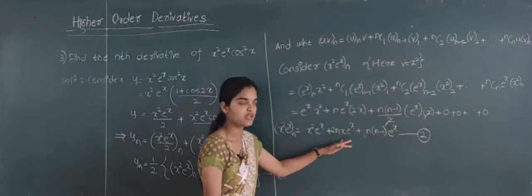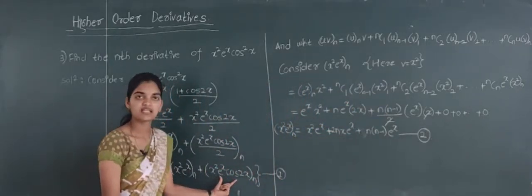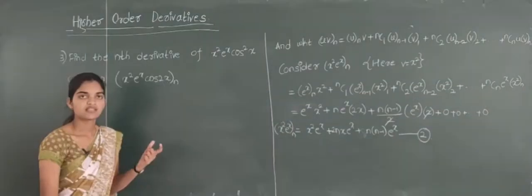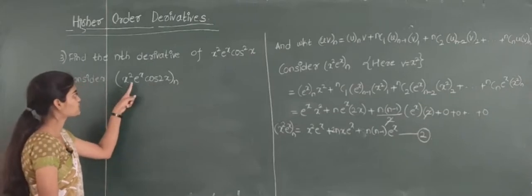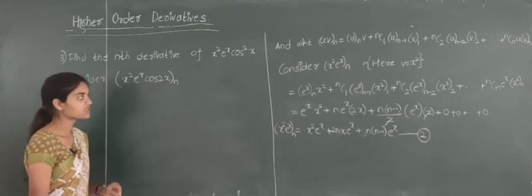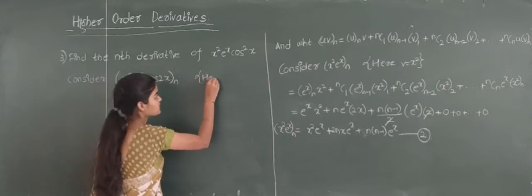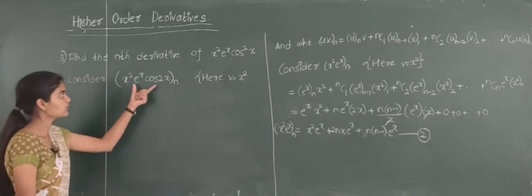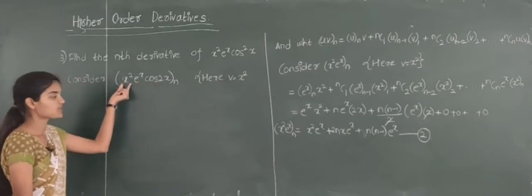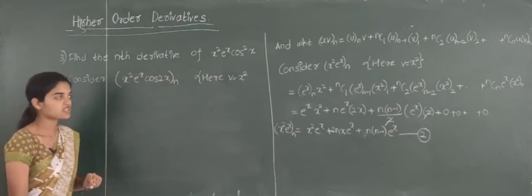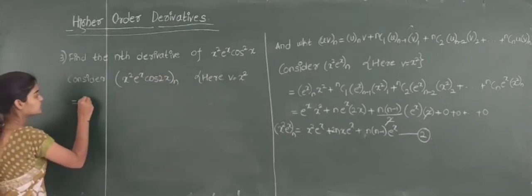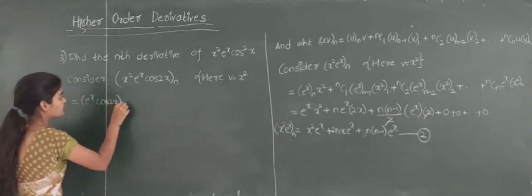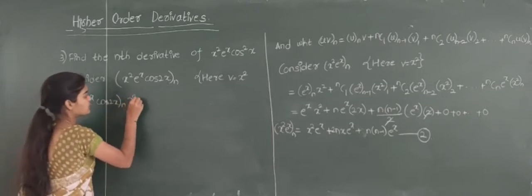Now again, in the similar way, consider this second function and we will get its nth derivative. So let us see what we will get. Yes, the next term, that is nth derivative of x square e raised to x cos 2x, and here again I will consider v as x square itself. So here u is e raised to x cos 2x and v is x square. Again by using that Leibniz theorem, what we will get? Yes, that is equal to e raised to x cos 2x, that is nth derivative of that function, x square as it is.